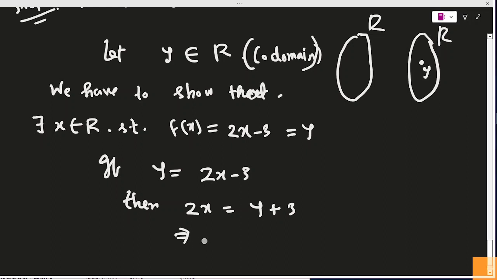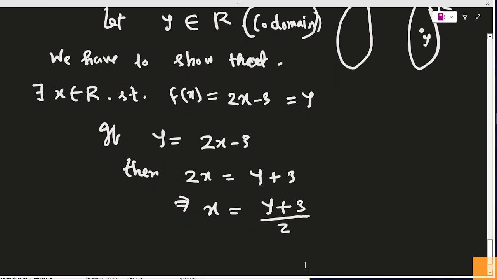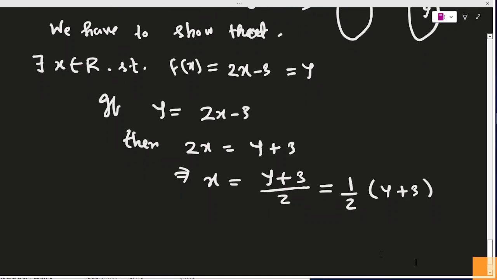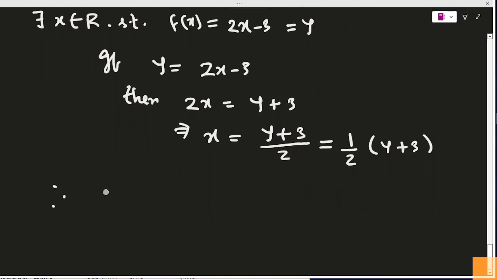This will imply x is equal to y plus 3 divided by 2, which is equal to half of y plus 3. अभी देखिए, since y belongs to R, 3 belongs to R, y plus 3 belongs to R, and half of y plus 3 also belongs to R.